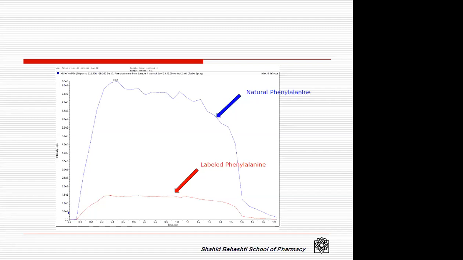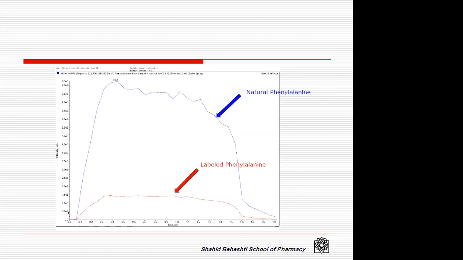Having the column eliminated from HPLC, we save time because we don't need to wait until all the compounds are separated from each other. The mass spectrometer will separate them based on their differences in molecular weights and ion transitions. We just inject the samples directly to the mass spectrometer, which is called flow injection analysis, as opposed to column separation, which is used in classical HPLC.